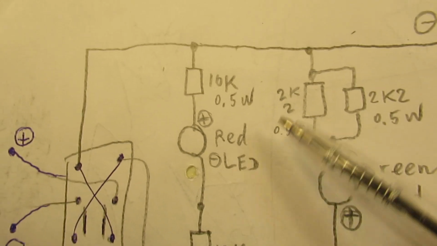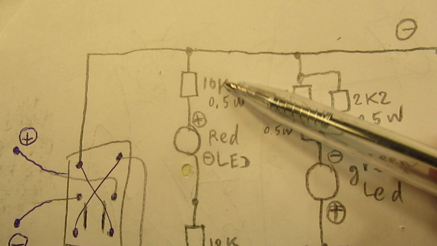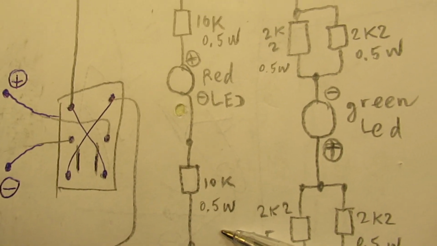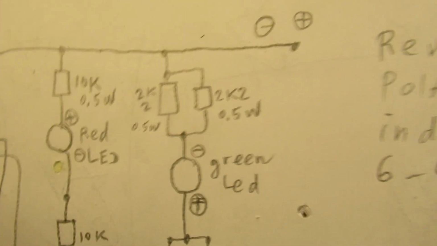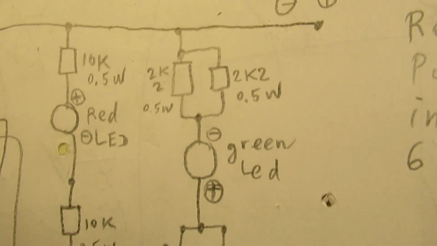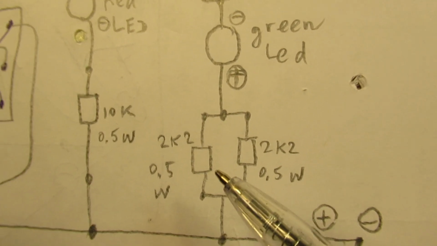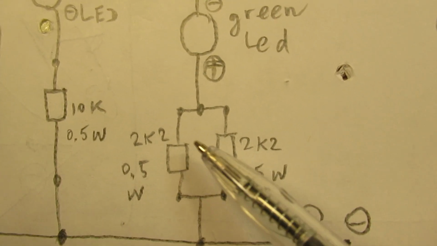For the red LED, it worked nicely to connect here a 10K resistor of 0.5 watt, and also here. But for the green LED, I needed other value resistors, and you can see here that there are two resistors bridged together.